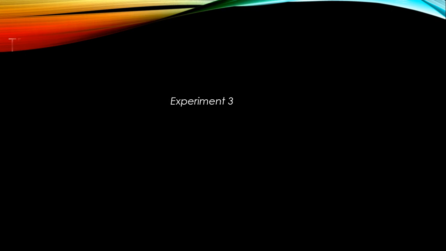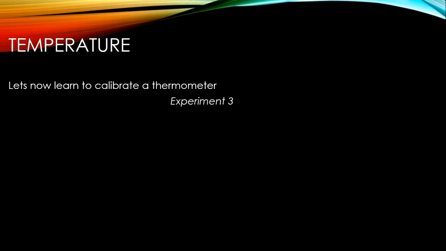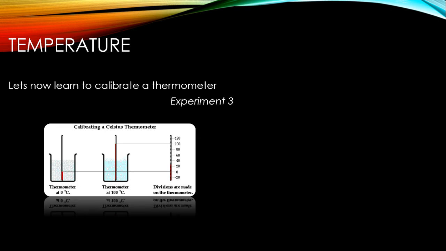Now we have reached our third experiment about temperature. Let's learn how to calibrate a thermometer. Step 1. Place the thermometer in ice and mark the melting point of ice. Then, place the thermometer in boiled water such that it does not touch the boiling water, so that it shows the temperature of the steam.